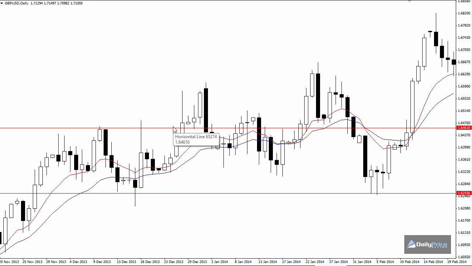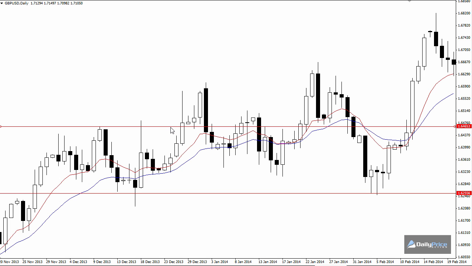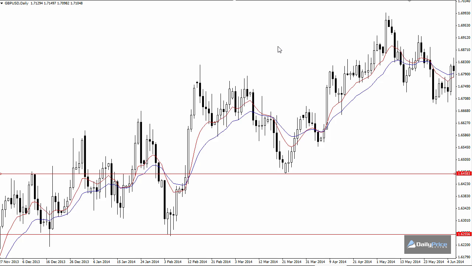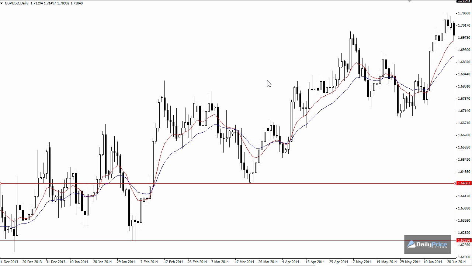If I place my level right there, I'm looking at this high, this tail, this low, another high here, and 2 more highs right here. So this level looks pretty good. It does get a little choppy through here, but this is still a level that I want to have on my chart.